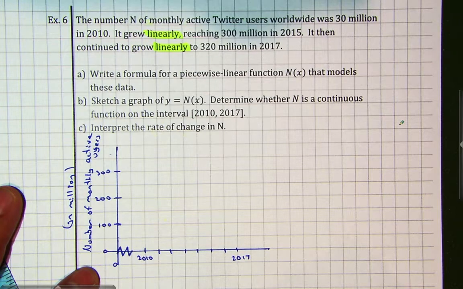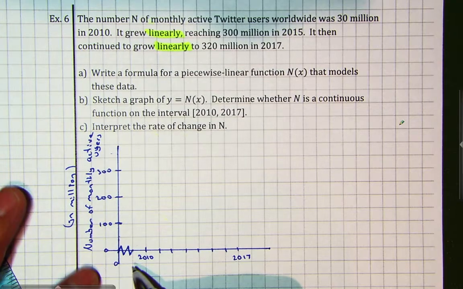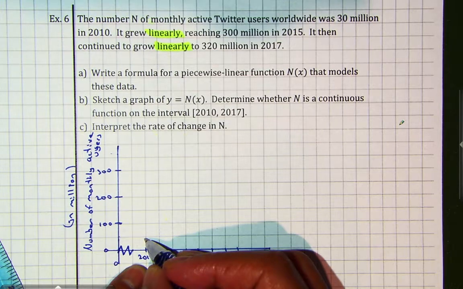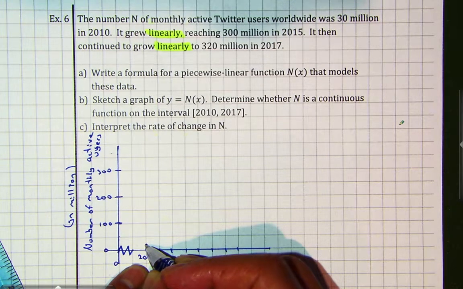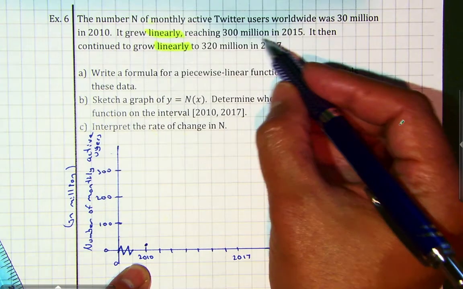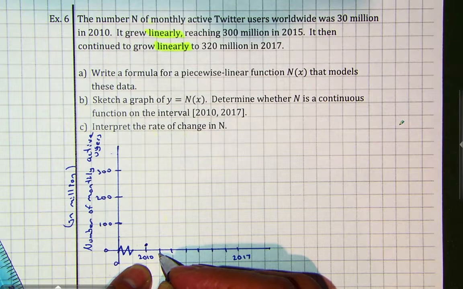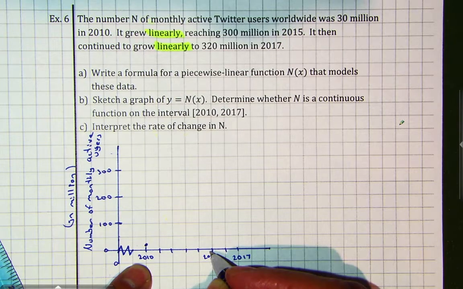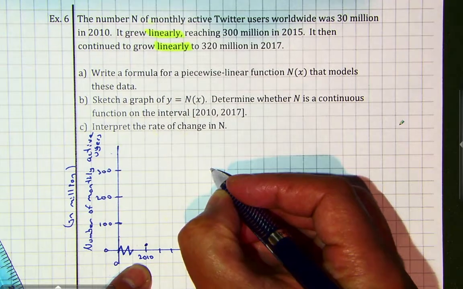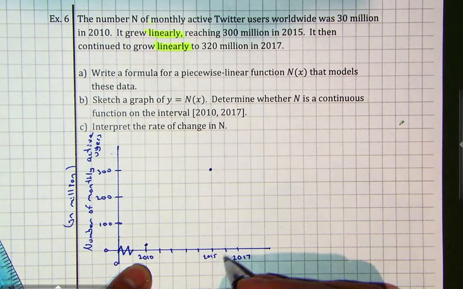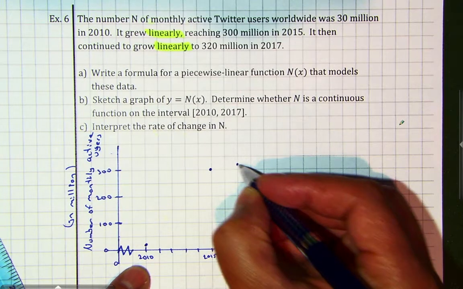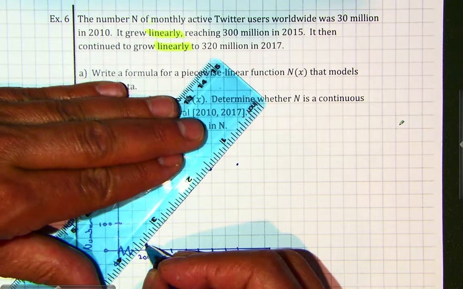And now we can actually just graph it or sketch it. 2010 is 30, so this is 50, so a little lower. That'll be 30. 2015, 2011, 12, 13, 14, 15 was 300. And 2017 was 320, so it's a little higher. So therefore, those are our pieces.